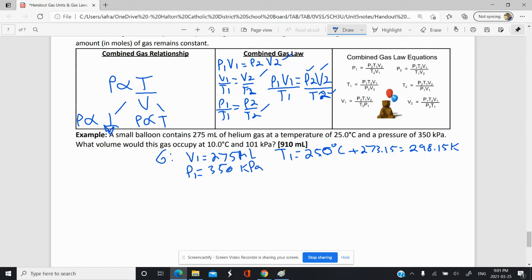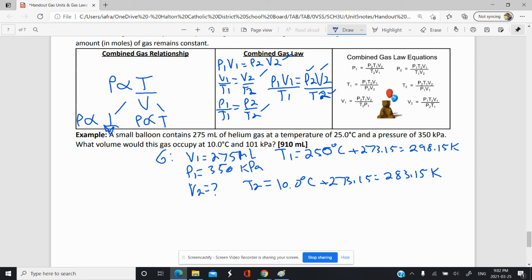So these are all the initial conditions. And then we want to figure out what a new volume would be if we change the temperature. We make it so T1 goes to T2 and becomes 10 degrees Celsius. So that's plus 273.15, equal to 283.15 Kelvin. So we have reduced our temperature, which would reduce the volume.